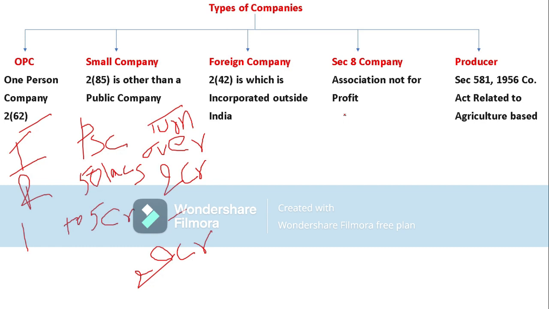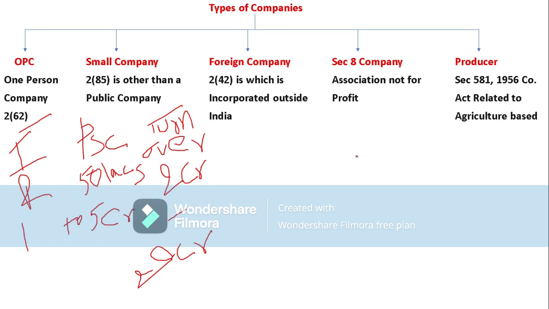So such type of companies which promote culture, art, education, research, sports. Okay. So such type of associations or else companies can be named as section 8 companies. Means purely the profit also, they will spend that profit of a company also for the welfare of the nation or else welfare of the public. So such type of companies are treated as section 8 companies.